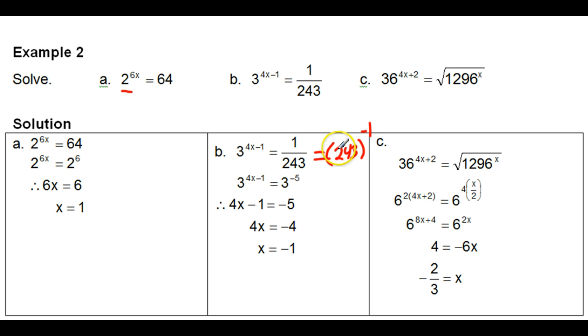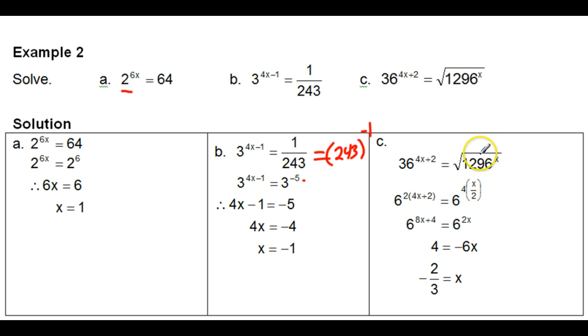Then by trial and error we can figure out that 3 times 3 times 3 times 3 times 3 is 243, and so that's 3 to the exponent -5. And now again, same as before, this exponent equals this exponent, and solve.